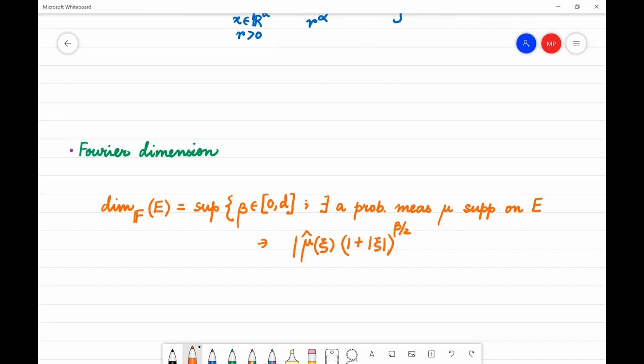In other words, the Fourier transform mu hat decays like mod xi to the power of negative beta over 2 at infinity.